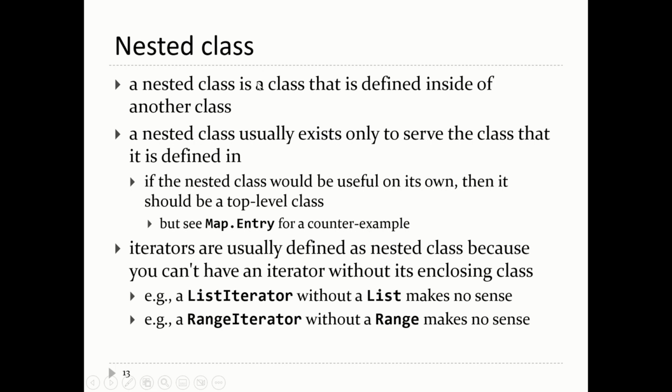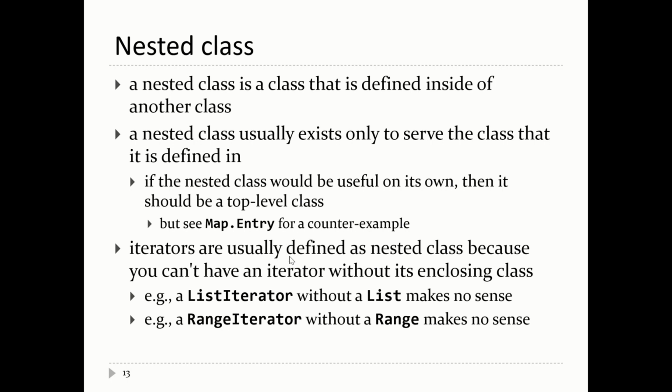And so in Java, this is specific to the Java language. Other languages don't use these terms specifically. So a nested class in Java is a class that's defined inside of another class. Normally when you do this, the only purpose of the inner class is to serve the other class. So if your nested class would actually be useful on its own, then you would normally make it a separate class.